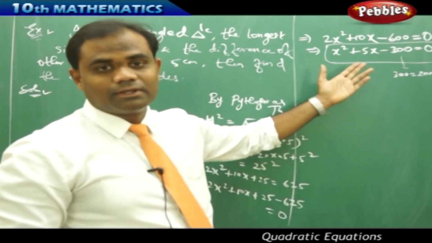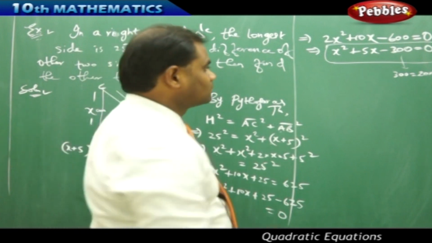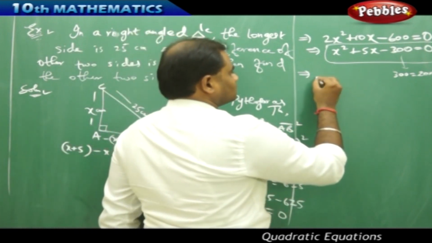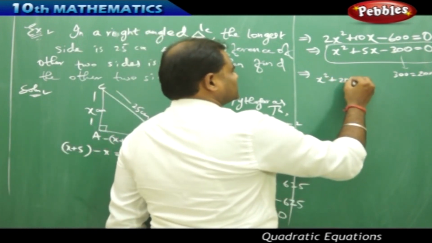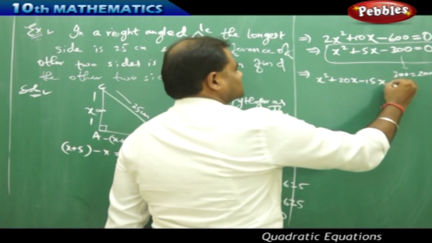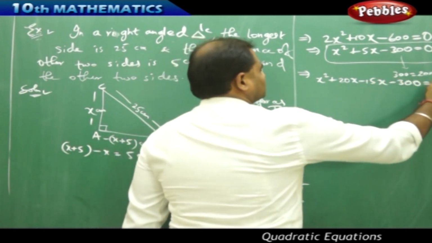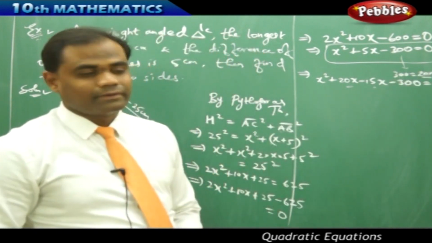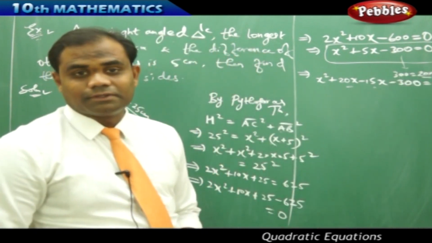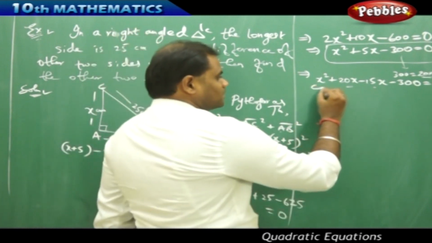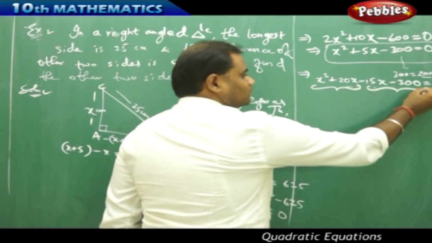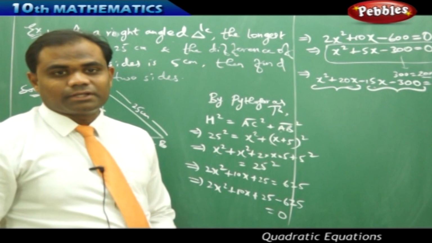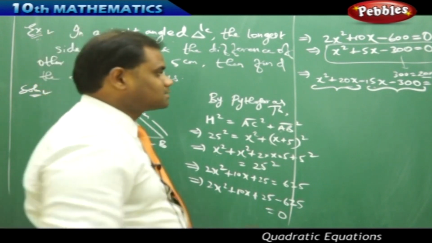So as a recap, we had to factorize this, which gives me x square plus 20x minus 15x minus 300 equal to 0. Each of these is obtained from the factors of 300 as 20 times 15. Now let them be paired, pair 1 and pair 2, so that in pairs again I take something common.